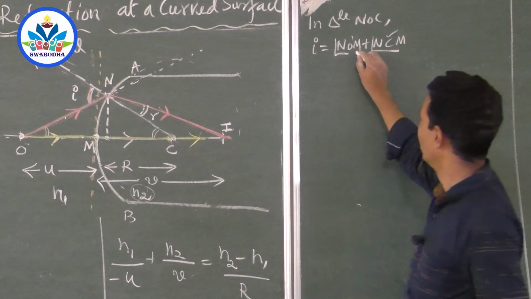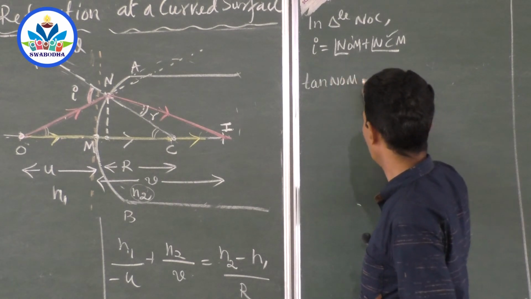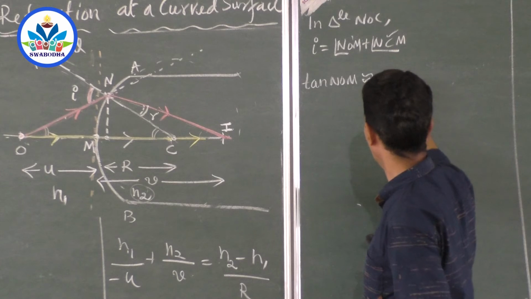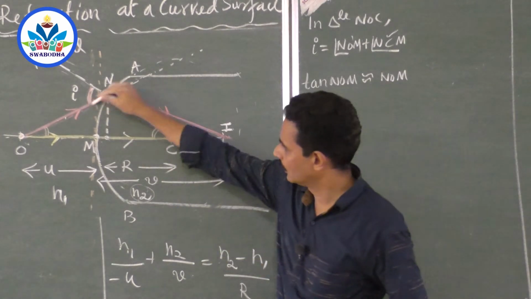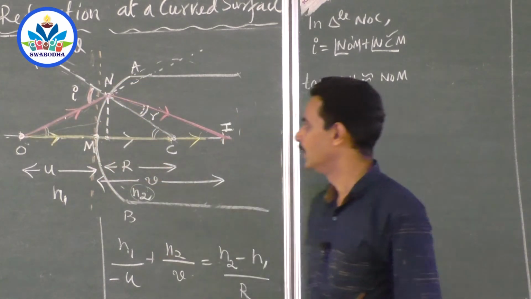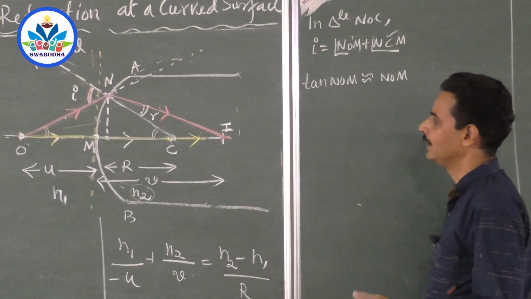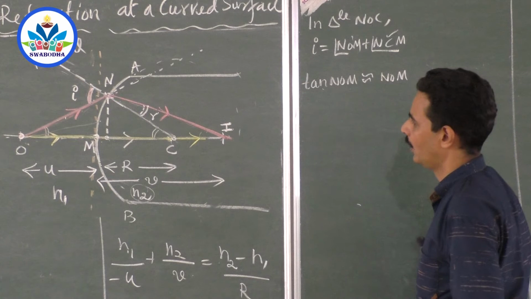What is NOM? Tan NOM is almost equal to NOM, because tan theta is almost equal to theta. When this ray is approaching very close to the principal axis, then theta, I, R, everything will be small.